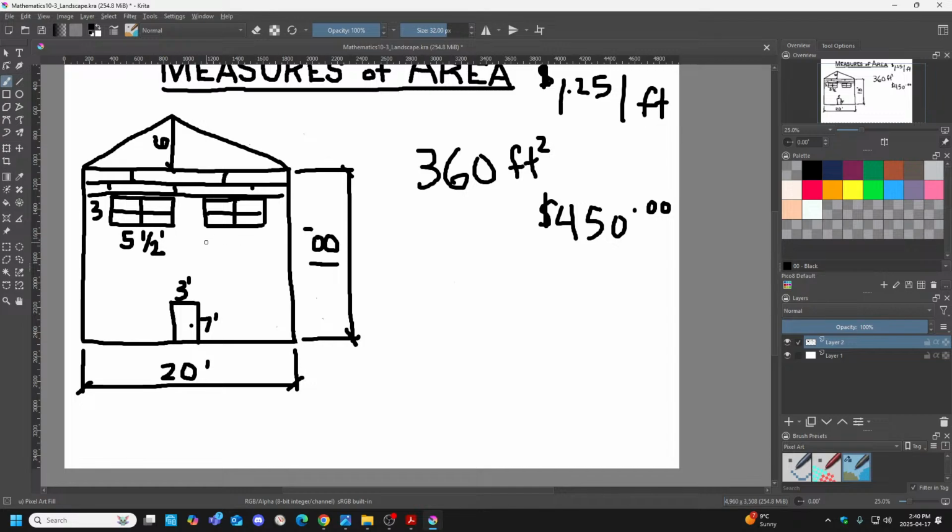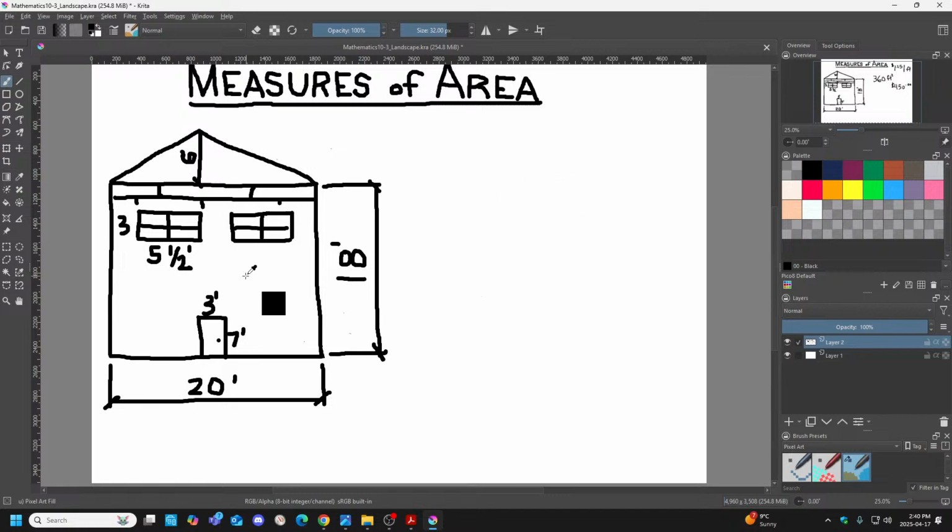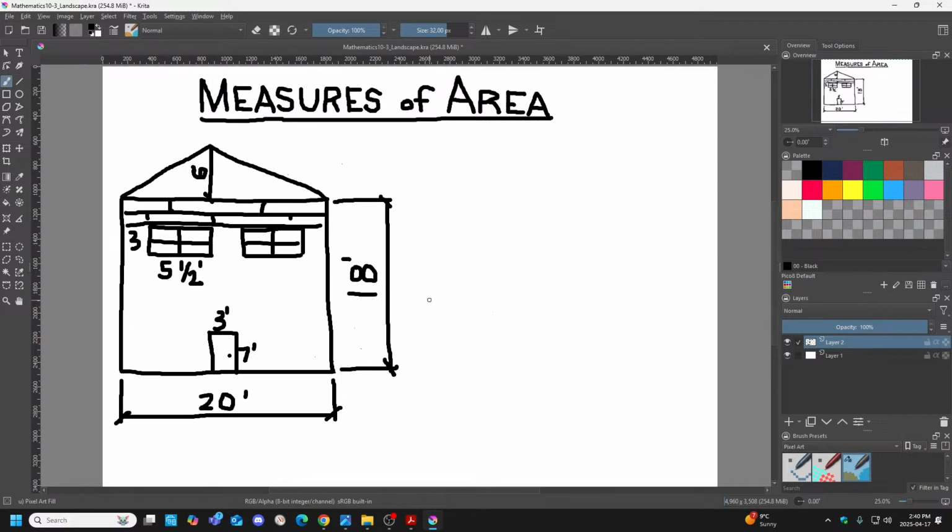But of course, what we have to do is, just so that the customer can stop crying, we have to subtract the area of the windows and the area of the door.